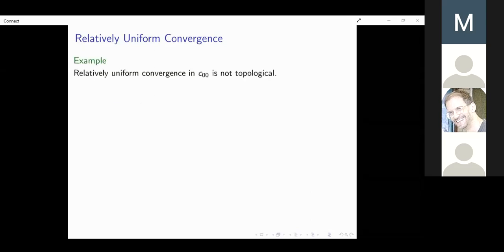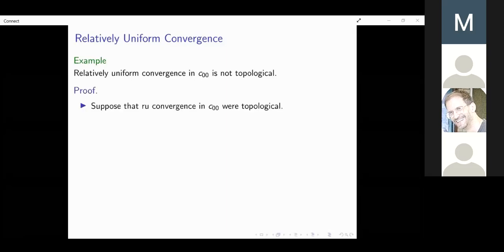As another quick example, let's look at C00, the space of finitely supported sequences of real numbers. Relatively uniform convergence on this space is not topological. Let's suppose that it were topological, and we construct a sequence indexed by pairs of natural numbers.